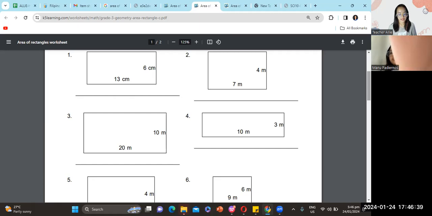What is the length? Can you tell teacher first? What's the length in number 1?